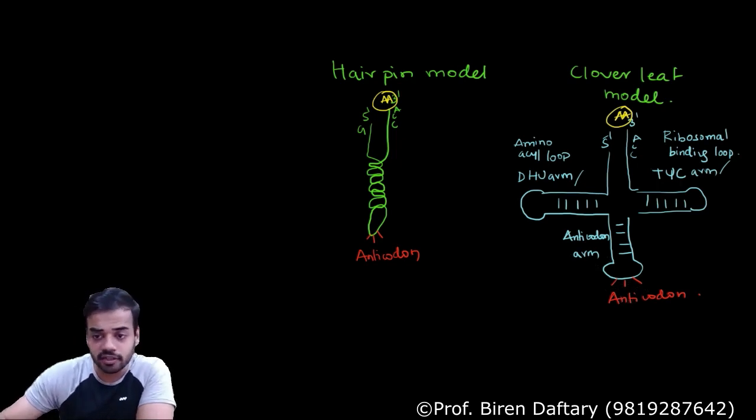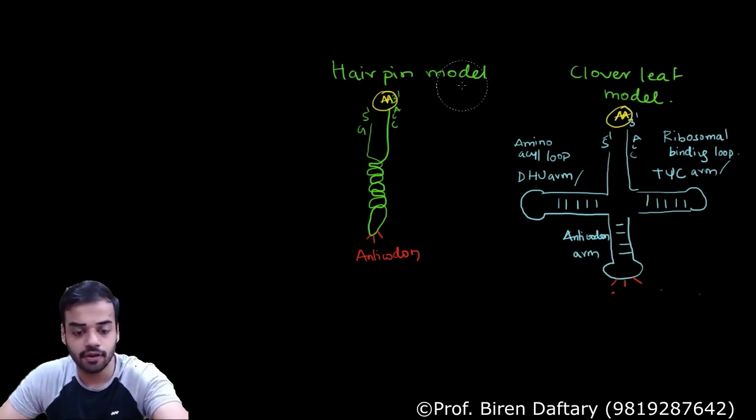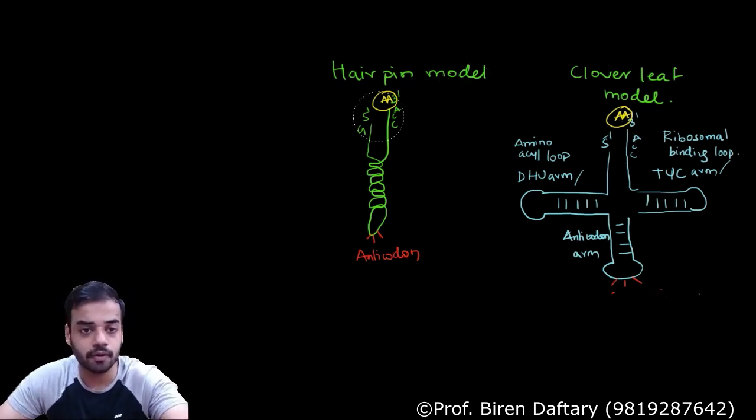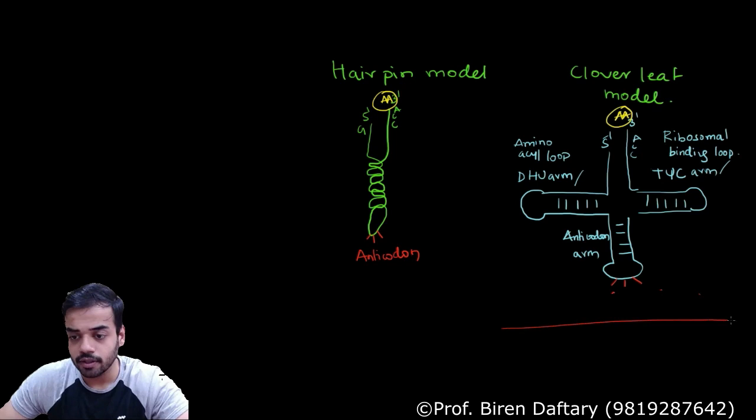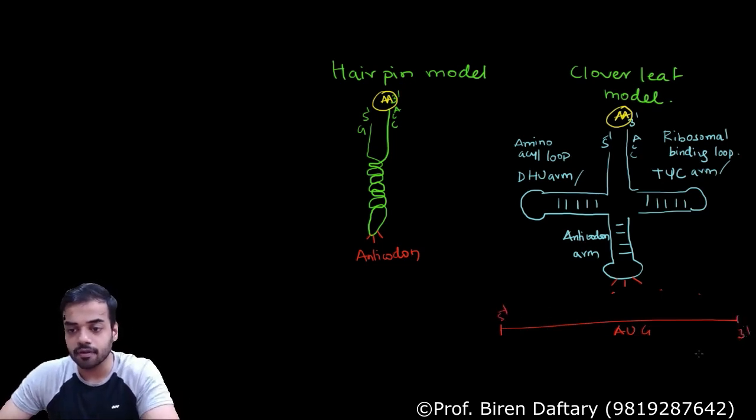Now this anticodon will attach to the codon of the mRNA, correct? Suppose I rub this anticodon off and draw an mRNA here, and suppose over here the codon is AUG, this is 5', this is 3'.